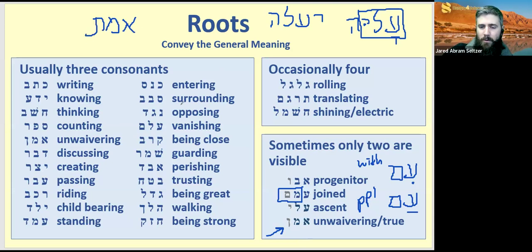Yeah, that's the word for truth. Amen is the root of emet. Where's the nun? It came at the end of the syllable. It is now gone. So sometimes you'll only see the aleph and mem. Sometimes you'll get to see the whole thing, like emunah. It all has to do with whether that nun shows up at the end of a syllable.